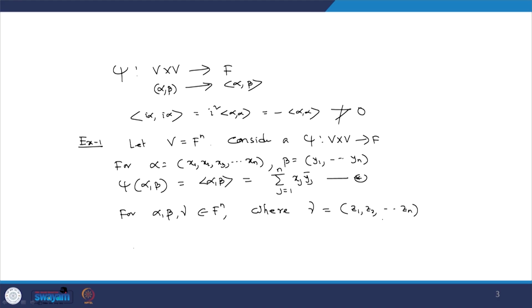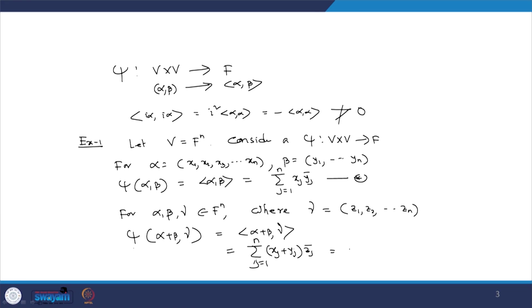Now, if I consider psi of alpha plus beta comma gamma, according to this definition it is equal to the inner product of alpha plus beta, gamma, which is sigma (xj plus yj) into zj bar over j, j equal to 1 to n.